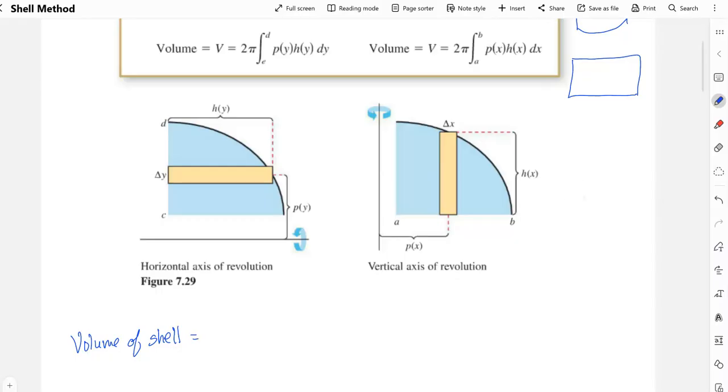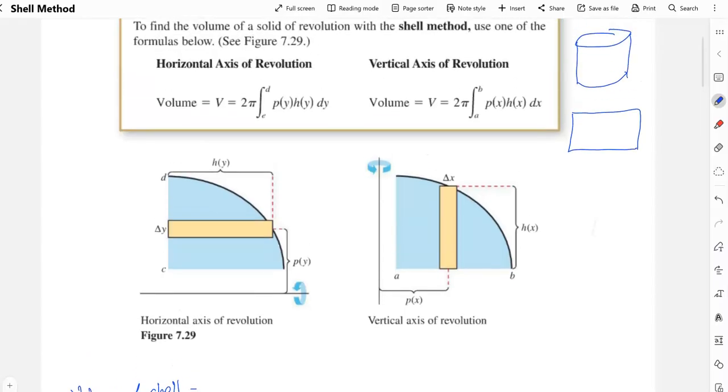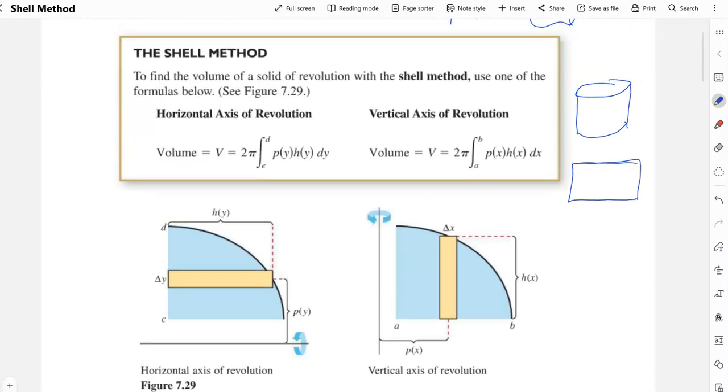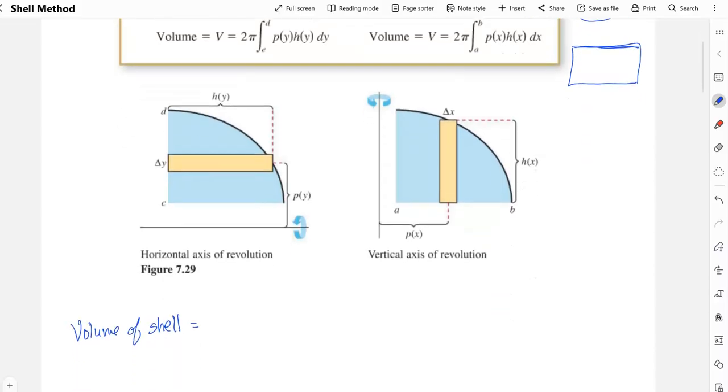So the volume of this is really just a rectangle, but this distance here would correlate to the distance around the can. So that's the circumference of the can, which would be 2 pi times the radius. And then we would need the height. So that would find the area of that rectangle.